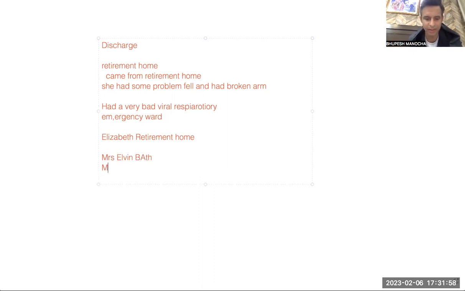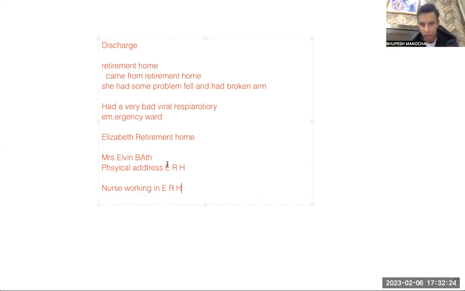It will be given in her physical address as Elizabeth Retirement Home. Then in the end, you would be given: write a letter to the community nurse working in Elizabeth Retirement Home.